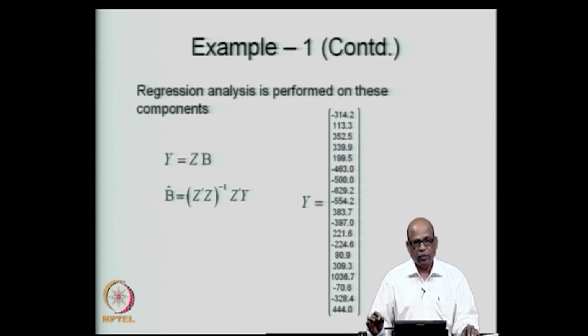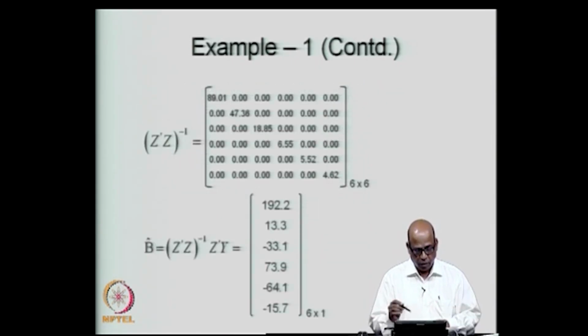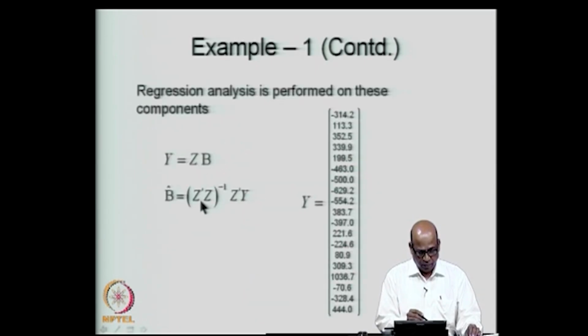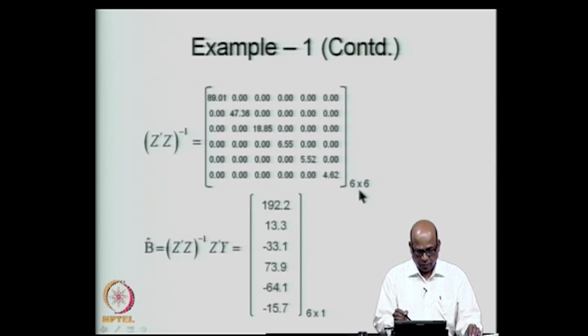In this case, we get 6 beta values. This matrix (Z dash Z) inverse, I will give you directly. This is a 6 by 6 symmetric matrix, and this is what you get here.